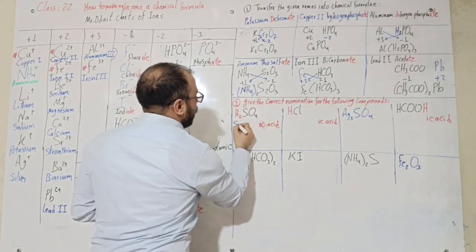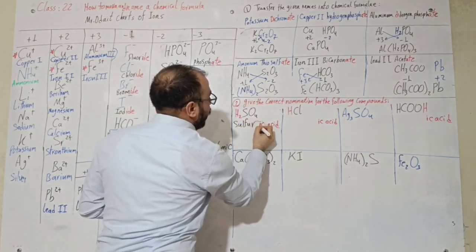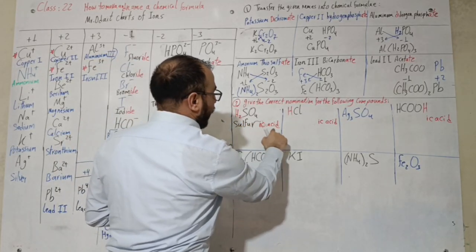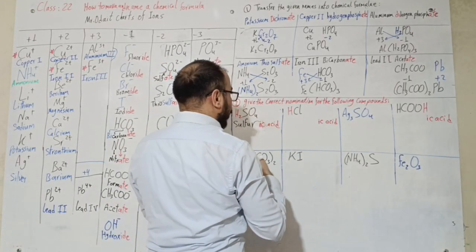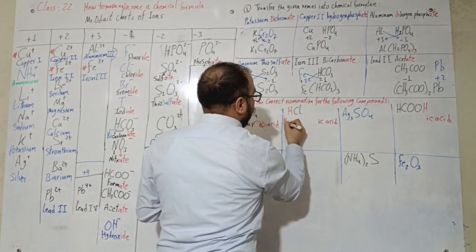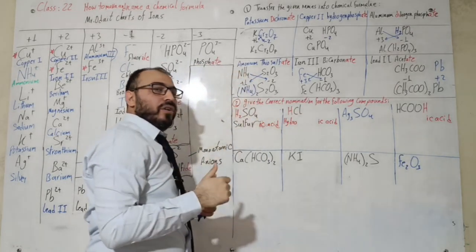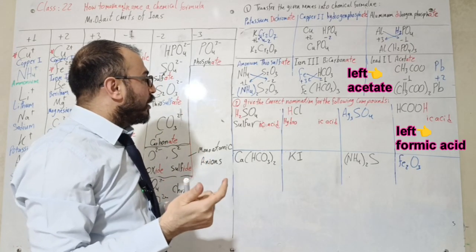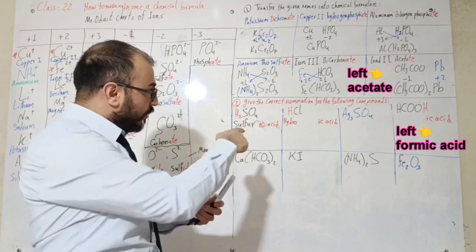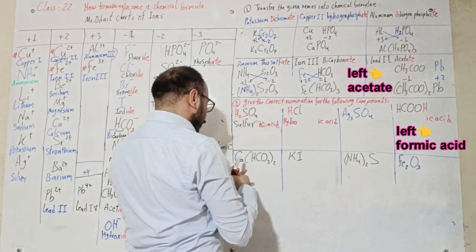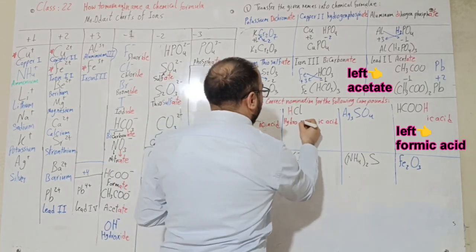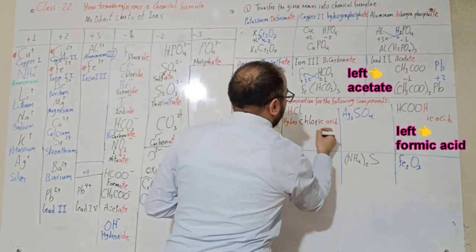Here we have sulfuric acid. Here, my friend, we have hydro, as we learned, for chloric, iodic, bromic, and fluoric. We have the hydro affix here, hydrochloric acid.